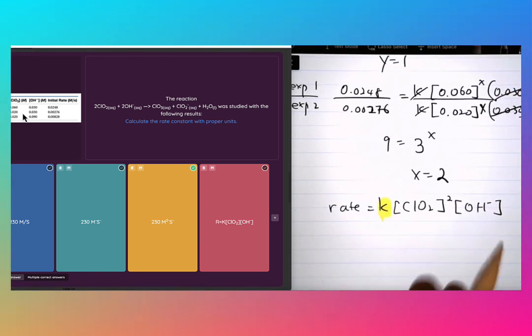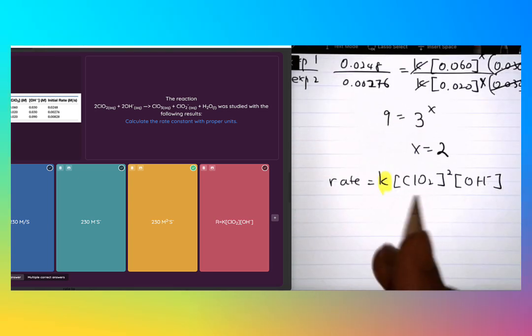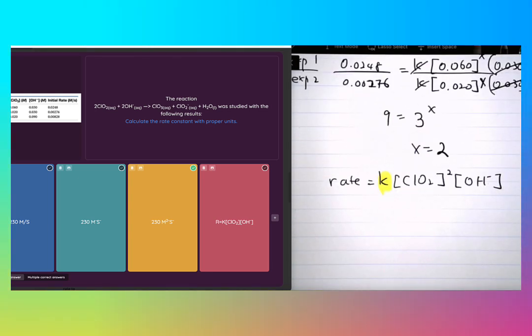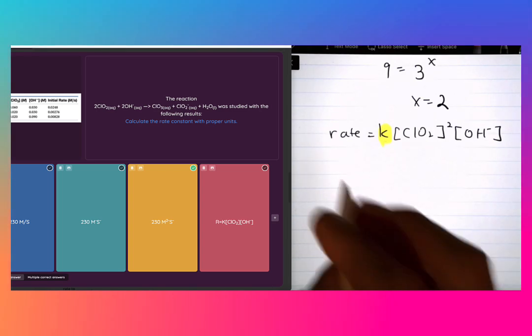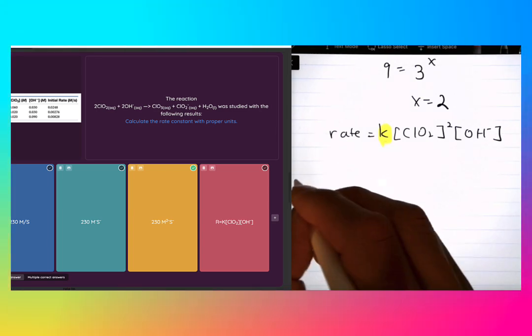So what do we do here? Choose any experiment. Now I like to play with fewer numbers, so I'm going to choose experiment 1, but assuming the temperature is constant, which it should be in the experiment, it doesn't matter which experiment you choose to find the proportional constant or rate constant.